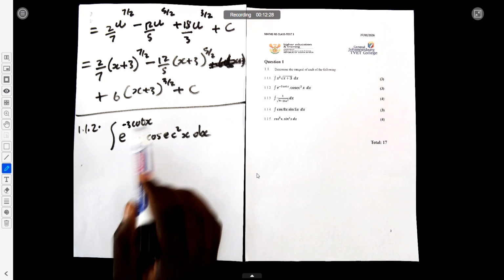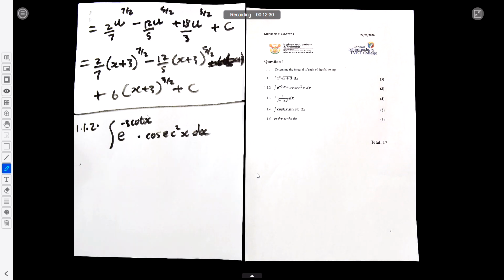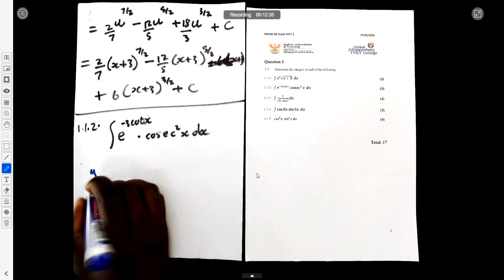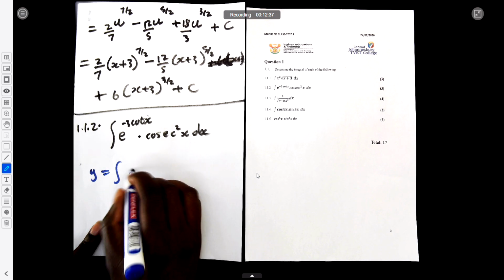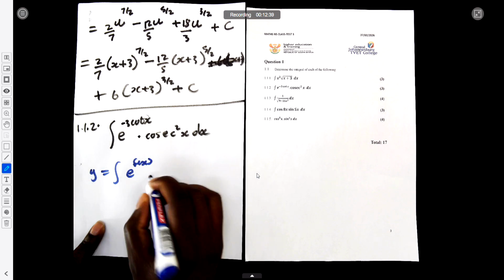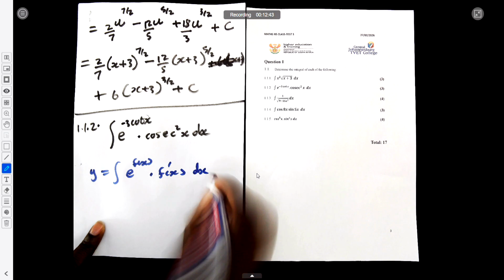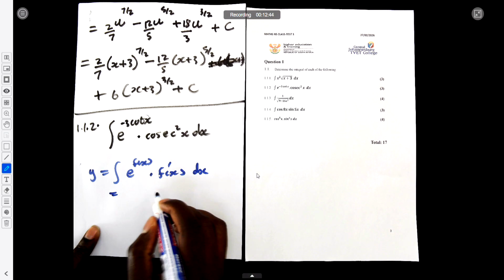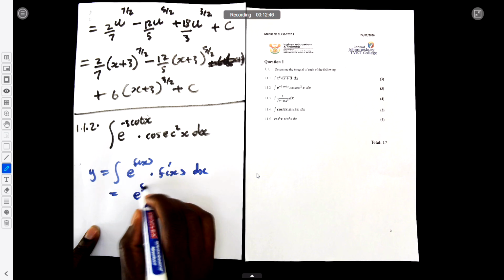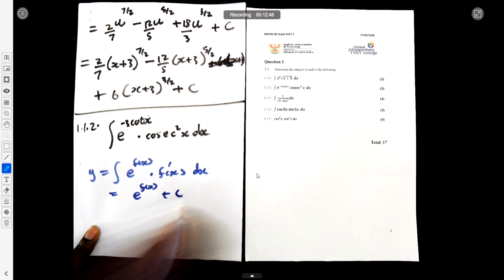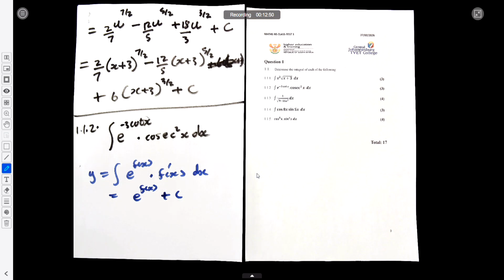Because this must be f of x, this must be f prime of x, according to exponential laws. Exponential laws state that when we need to integrate, we must have e to the power of f of x and its derivative. So we know that the integral of that must be the exponential function as it is, plus the constant. That is the exponential law.